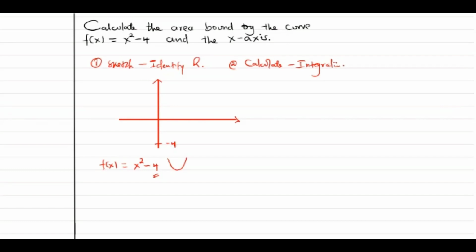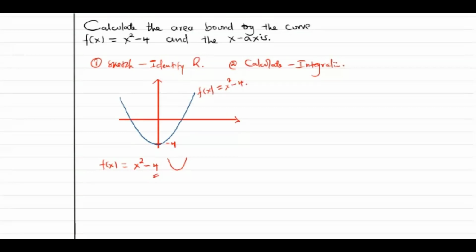And we know that our curve is U-shaped, so it's going to look like this. So that's our curve, f of x is equal to x to the power of 2 minus 4.